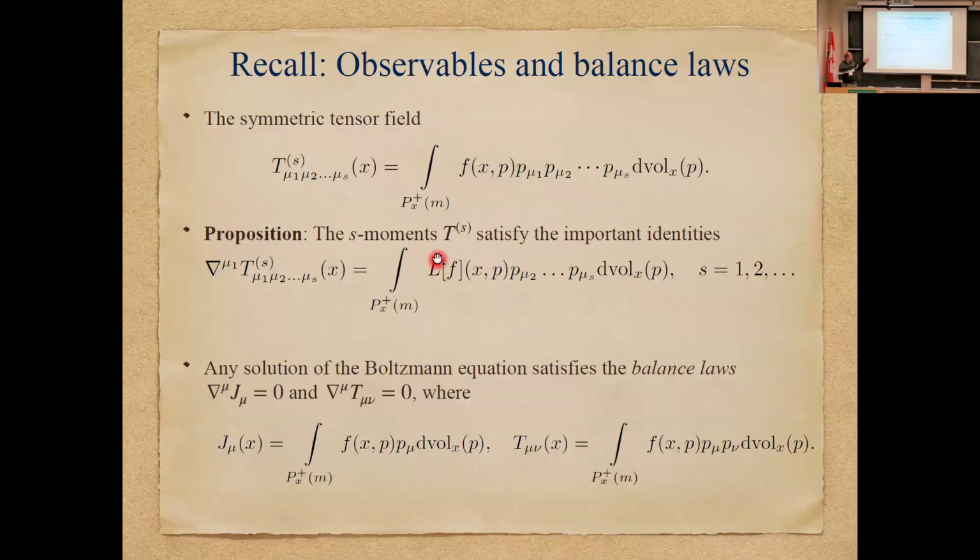If you combine this with the integral form of the Boltzmann equation for collision invariants, then you get the balance laws out of it. So you have J mu, which is this tensor field for S equal 1, and you have T mu nu, which is the stress energy tensor, the case S equal 2 here. And those two are divergence free, if F satisfies the Boltzmann equation.